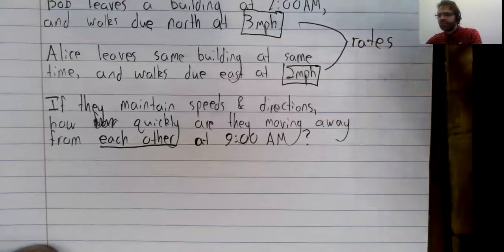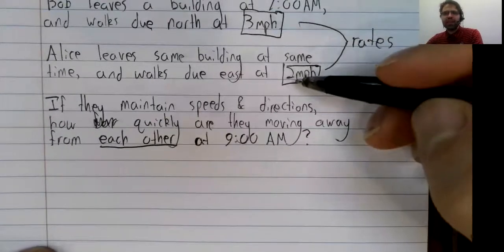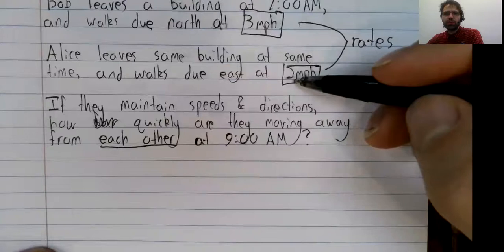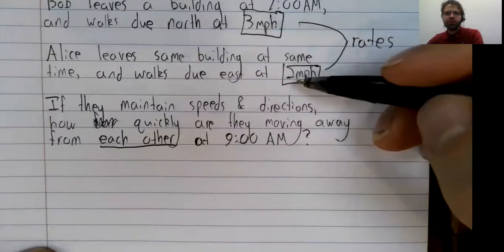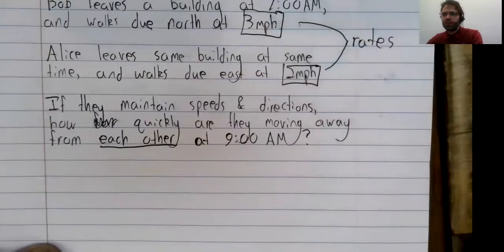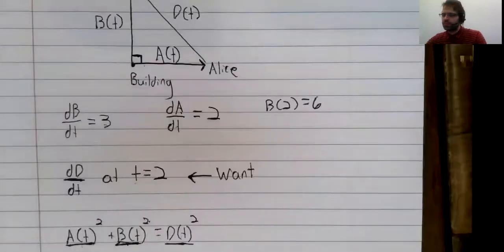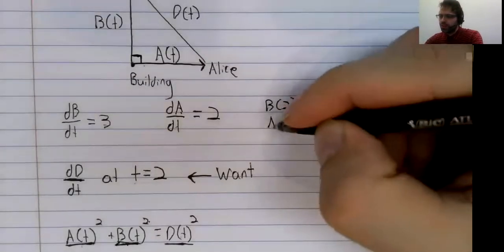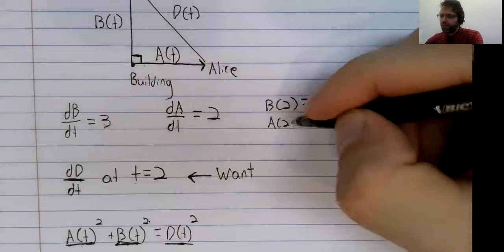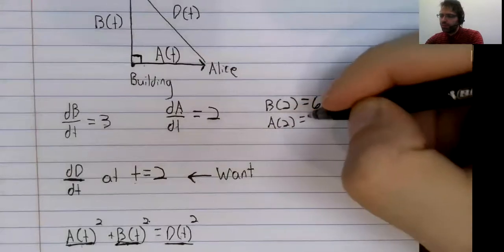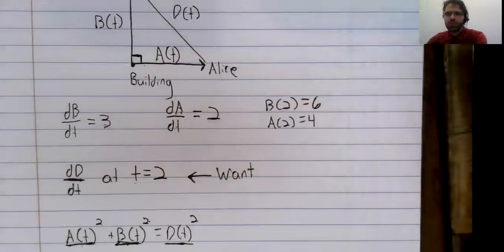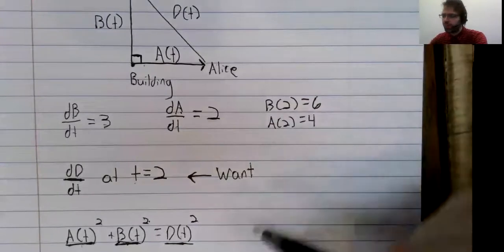If Alice travels at 2 miles per hour for 2 hours, A of 2 equals 4.